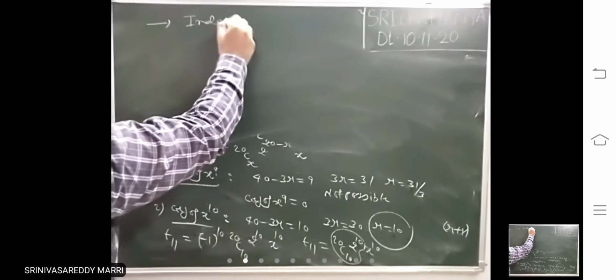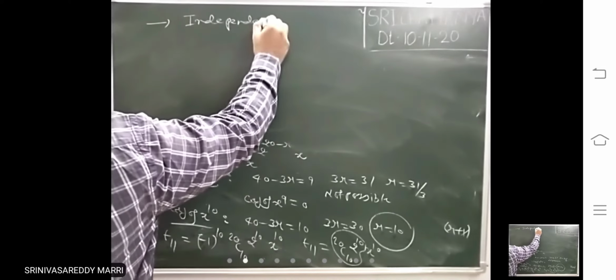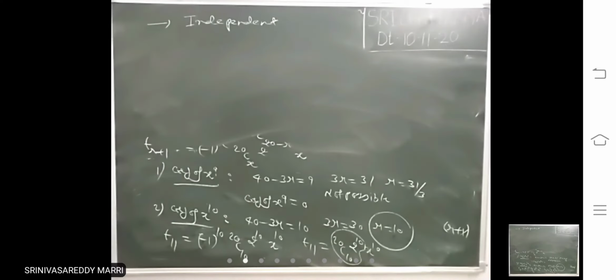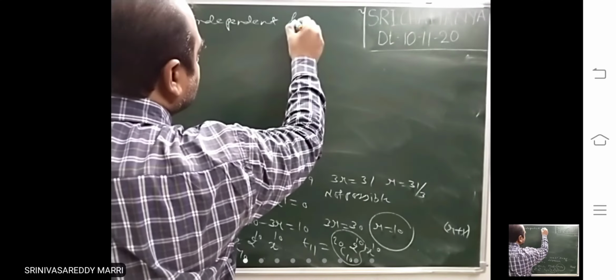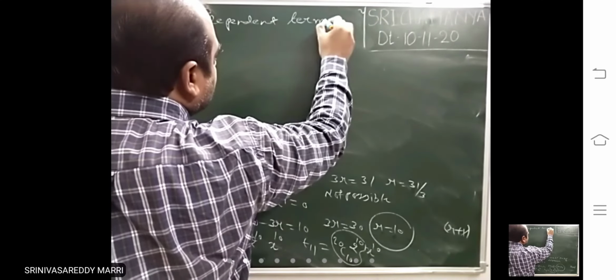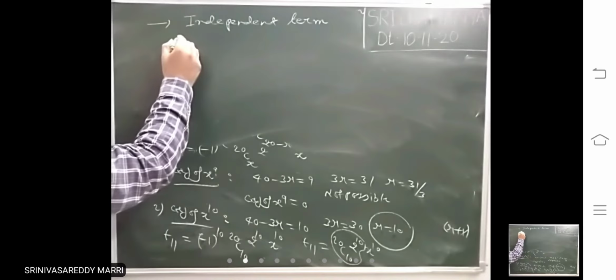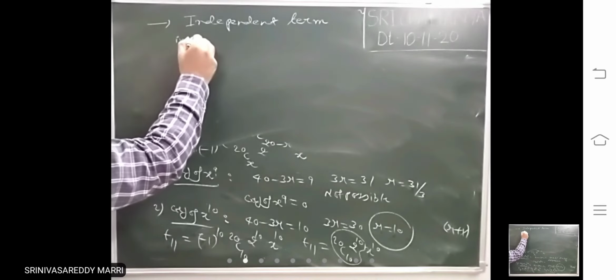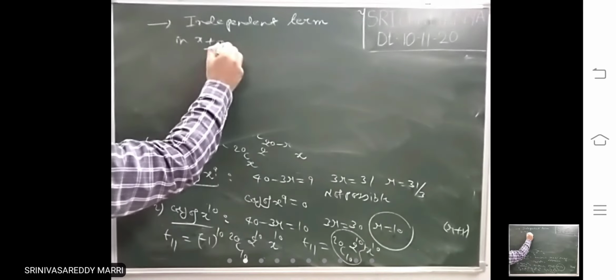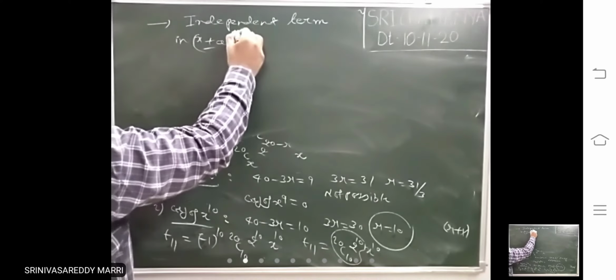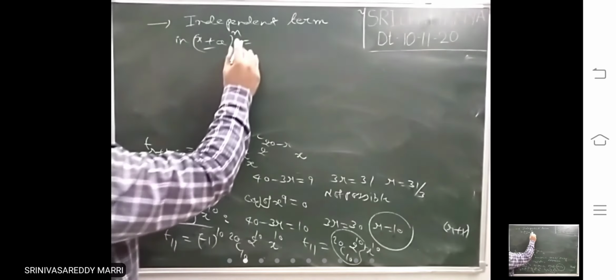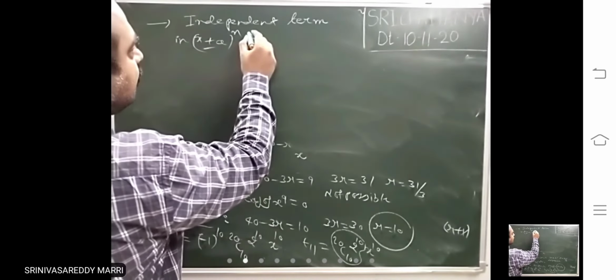Next, the independent term. The independent term is also called the constant term.